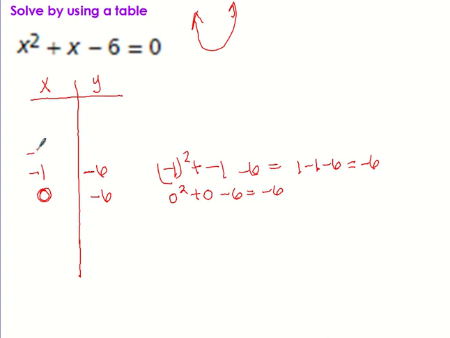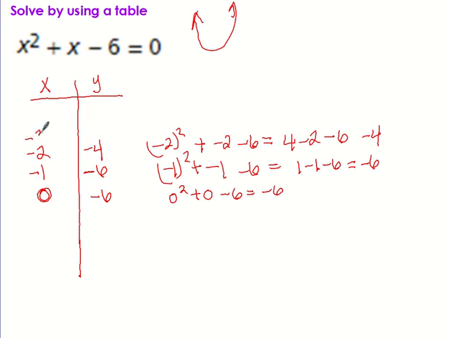So let's try -2. -2 squared plus -2 minus 6 equals 4 minus 2 minus 6. So 4 minus 2 minus 6 gets me -4. I'm getting smaller, so that's a good sign. I'm getting closer to my zeros now, see?